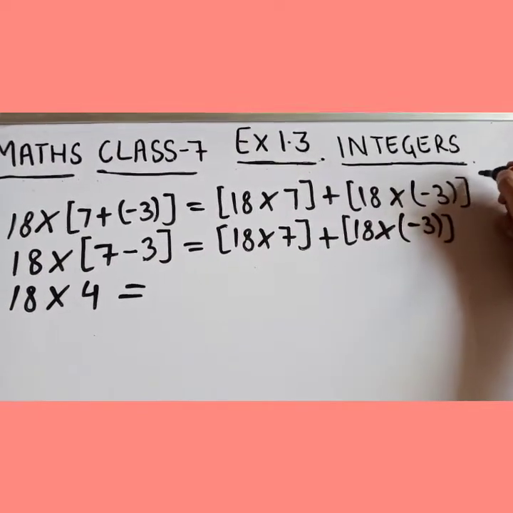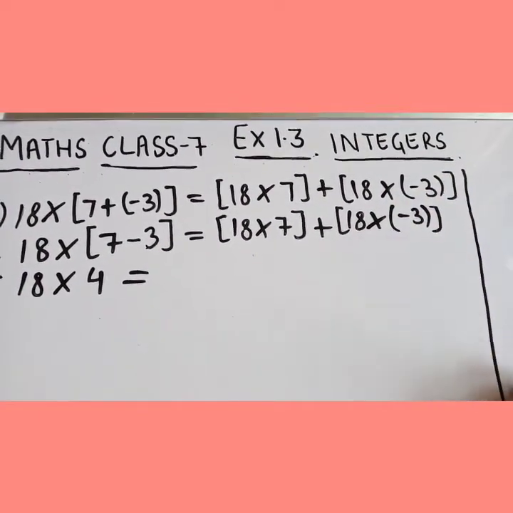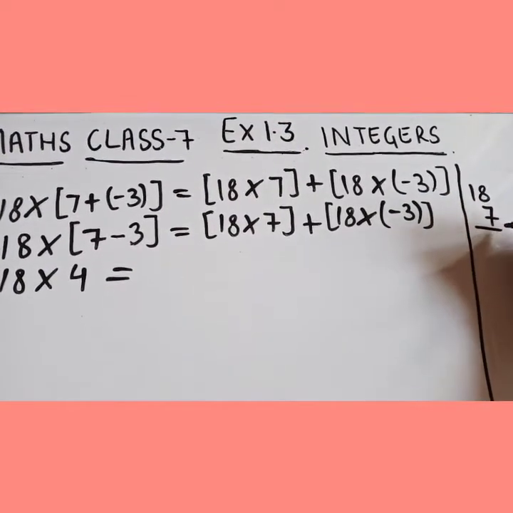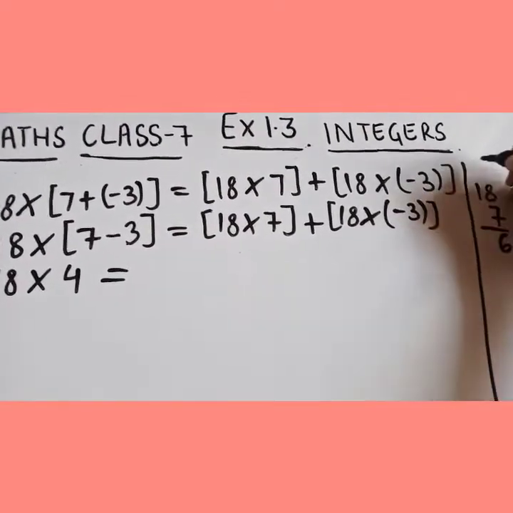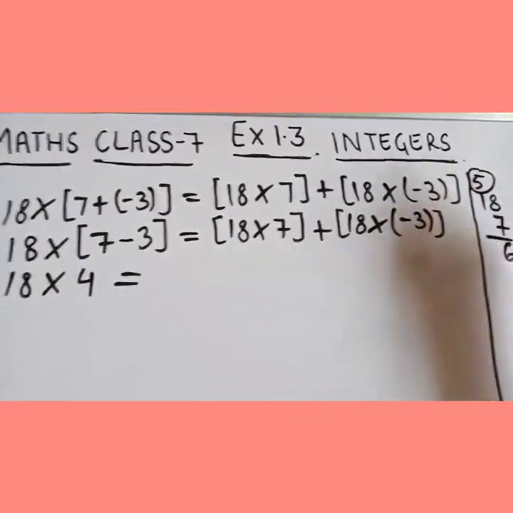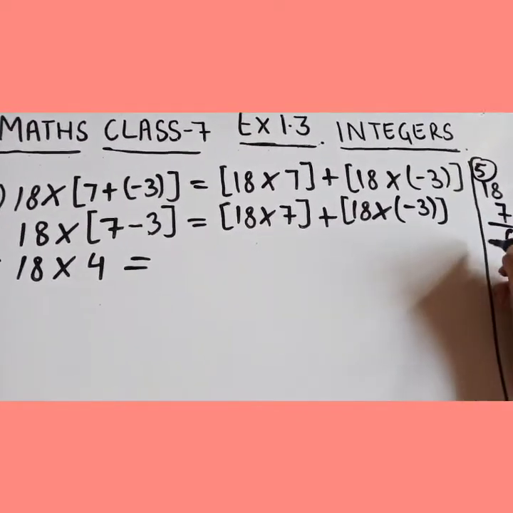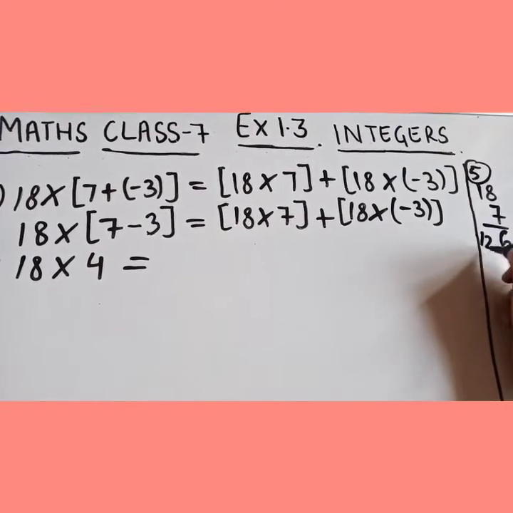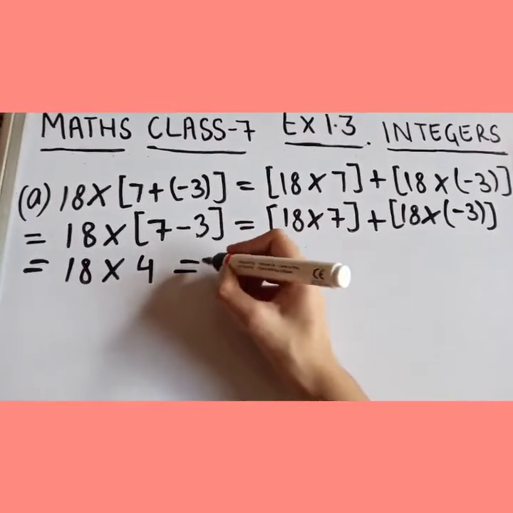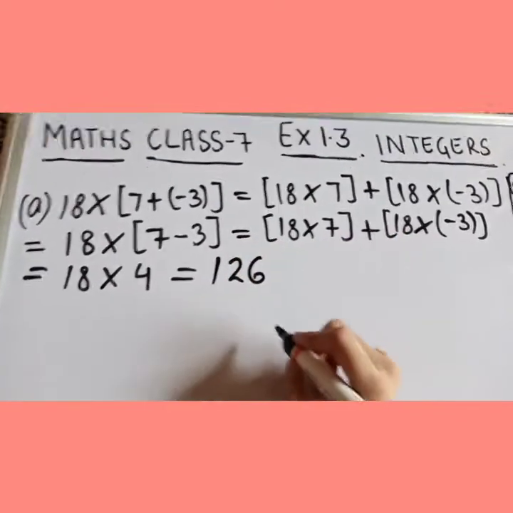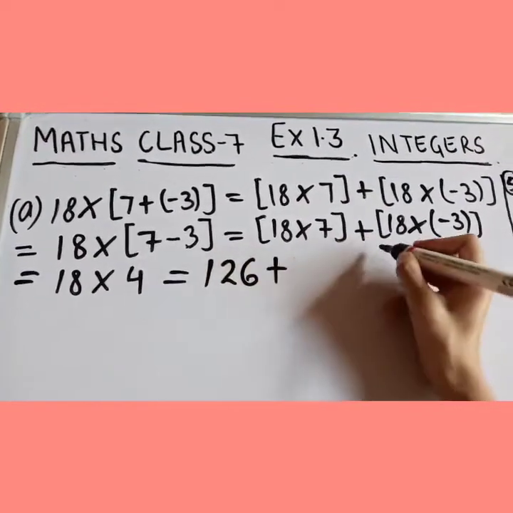So 18 multiplied by 7 is 7 8s are 56, 7 1s are 7, 8, 9, 10, 11, 12. So 126. 126 is the product, then is the plus sign.